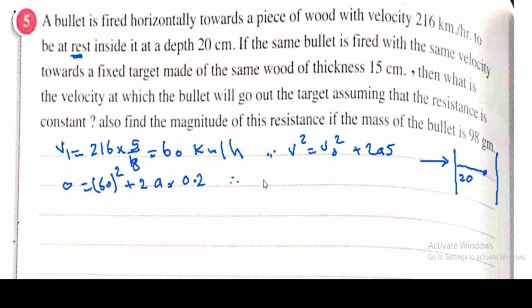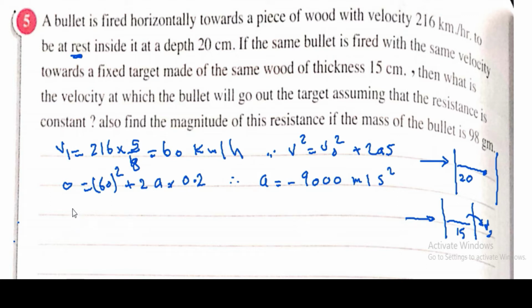Therefore A equal negative 9,000 meter per second square. We have another target of the same thickness and the same resistance. The bullet is fired on it by the same velocity 60 and gets out of it after 15 centimeter. It got out. So we want to find this velocity V2.